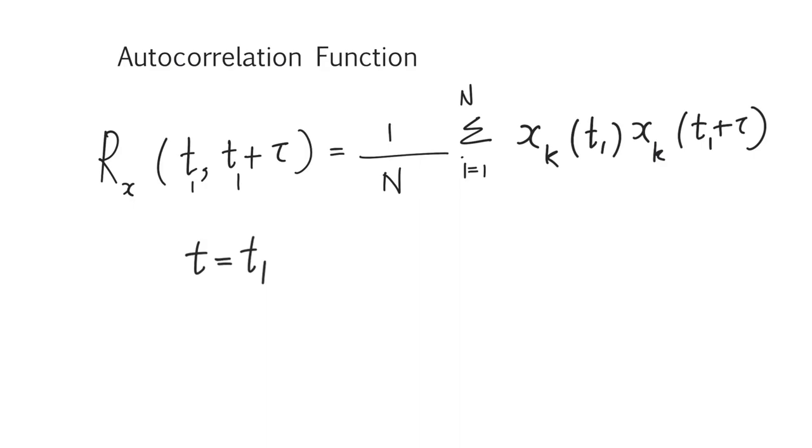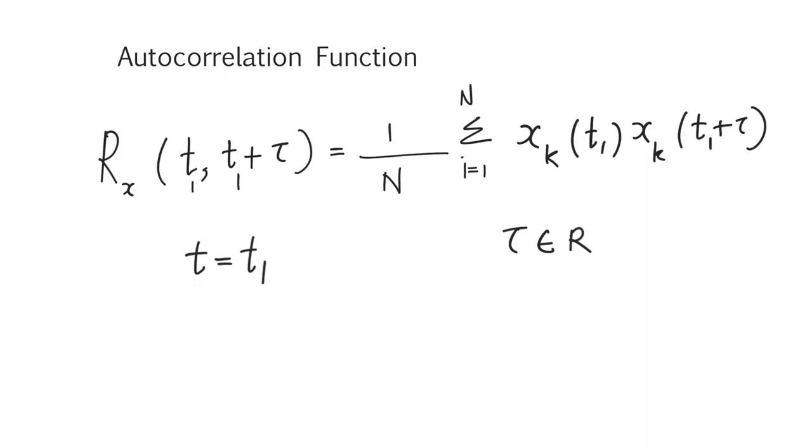So you take one individual time history and you evaluate the displacement of the landing gear at t1, and you compute the displacement of the landing gear at a later instant t1 plus tau, where tau is a real number, and then you compute the product and you do the same for all N individual time histories, then divide by capital N, which is the total number of sample functions that we have got.